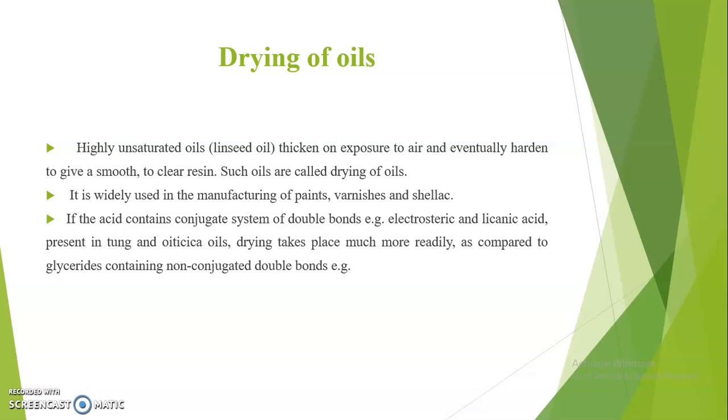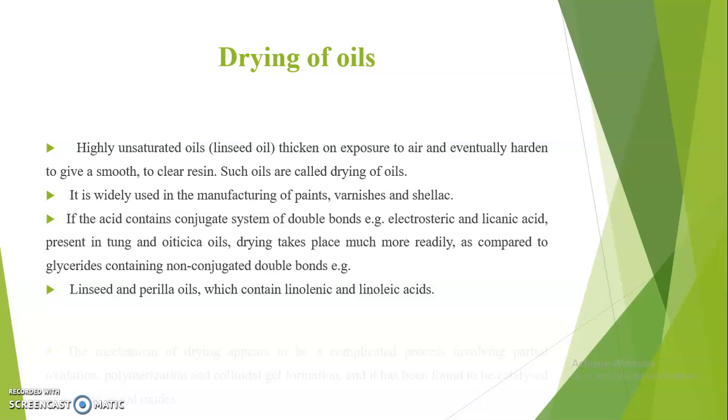If the acid contains a conjugated system of double bonds, for example eleostearic and licanic acid present in tung and oiticica oils, drying takes place more readily as compared to the glycerides containing non-conjugated double bonds. For example, linseed and perilla oils, which contain linolenic acid as well as linoleic acid.